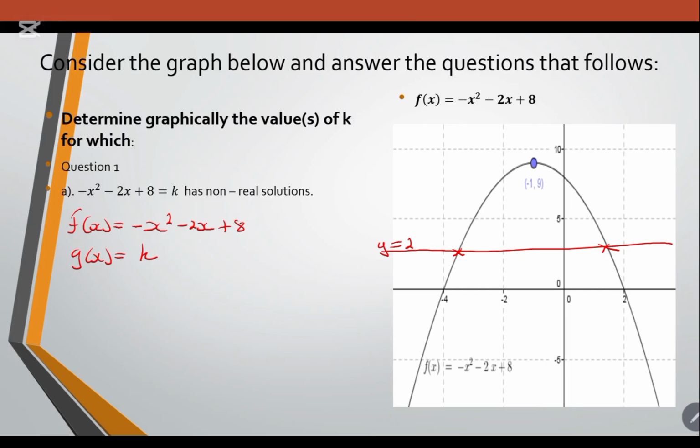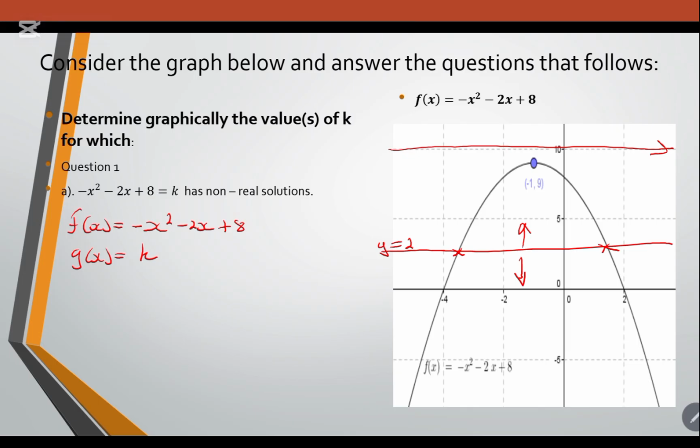So if I move this line up all the way above the turning point of this graph, these two graphs will not meet, and therefore there won't be any solution. But if I move this line downwards, these two graphs will forever be meeting at specific 2 points that can be found. Therefore, the solution for the first question would simply be if the value of k is a number above the turning point.